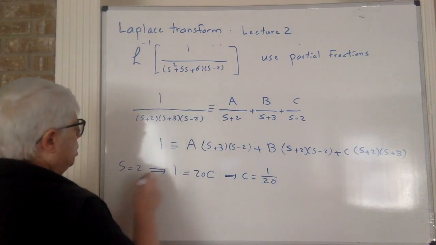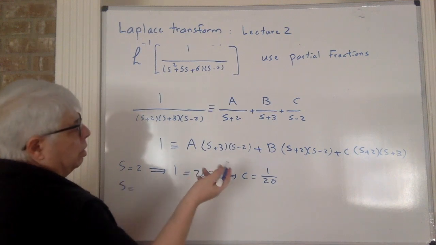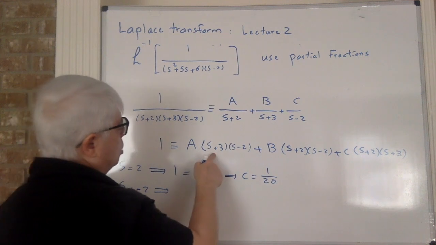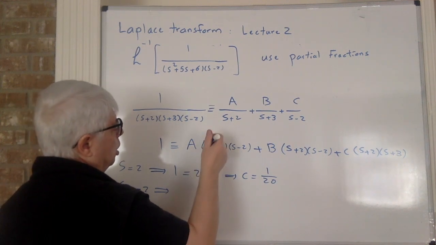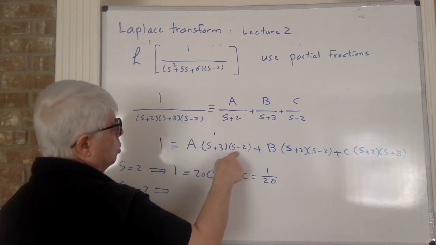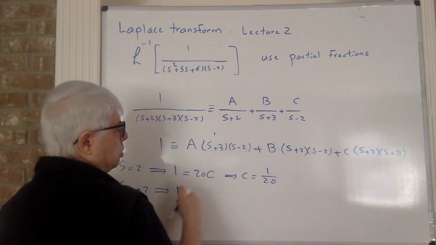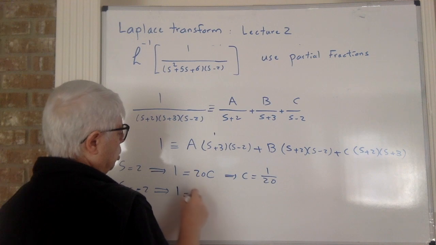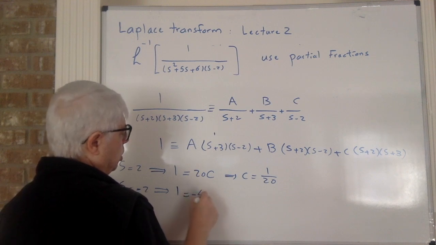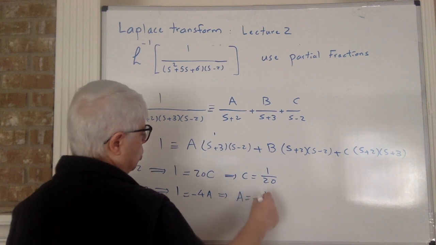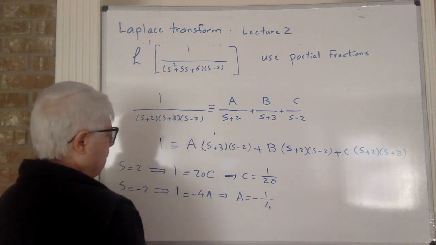Then let s be, say, minus 2. Then minus 2 will make this 1, and this minus 2 is minus 4. So 1, and those two are 0. 1 equals minus 4A. So A is minus 1 over 4.